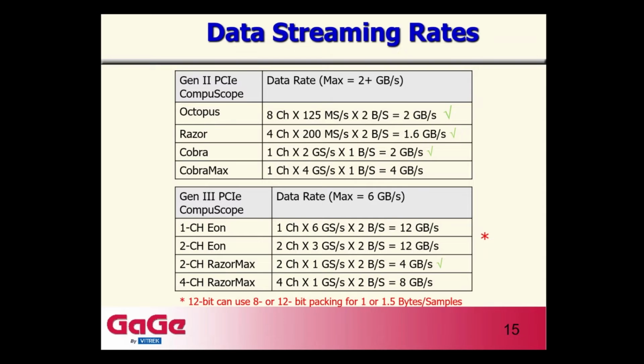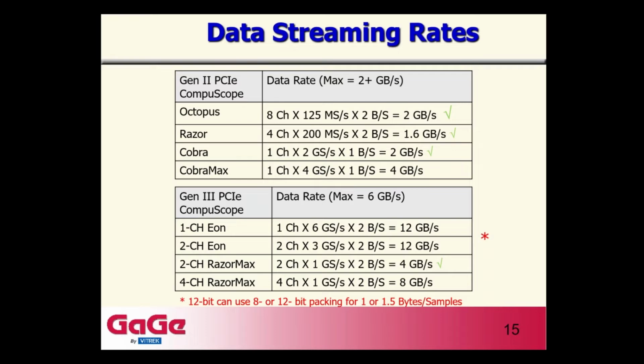A word just about some of our cards and their ability to stream. If we look at our older Gen 2 cards, our 3 main families, Octopus, Razor, and Cobra Max. If we take the maximum sampling rate of these cards, multiply by the number of channels on the card and the number of bytes per sample, which is usually 2, but is 1 in the case of our Cobra Max cards because those are 8-bit cards, then we get the maximum stream rate that we can expect from the card.